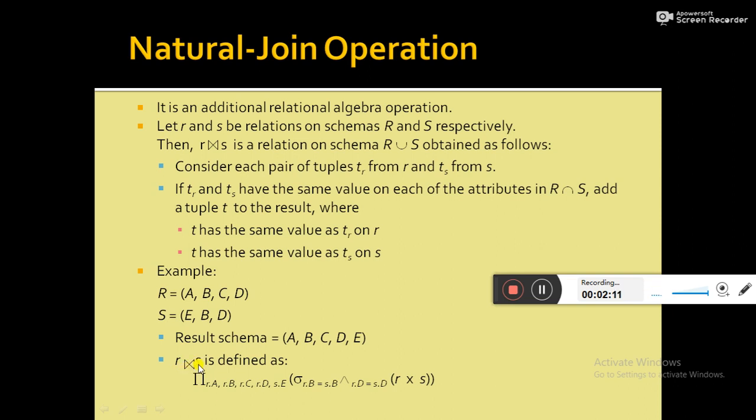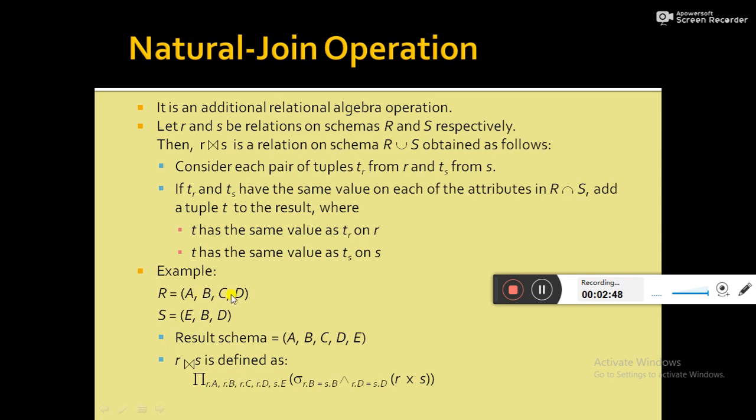So what will be the schema of the output relation, or the resultant relation? That will be R union S. That means if we perform R natural join S, then it combines all the attributes from R and S. So R union S, A, B, C, D, E. The resultant schema will be A, B, C, D, E. It combines all the attributes from R and S, and the repeated attributes will be eliminated.